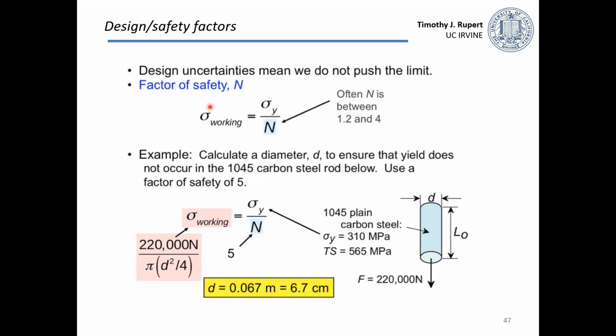And this is just giving some ideas of maybe n is between 1.2 and 4. So you can imagine 1.2 means that I'm not that far below my yield strength, whereas 4 means I'm only at a quarter of the yield strength.